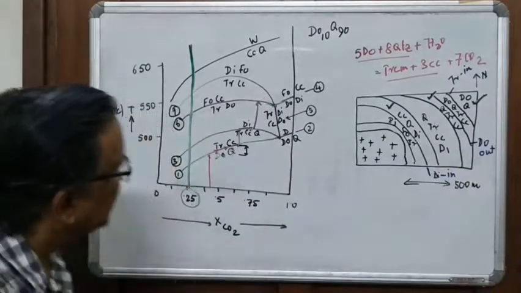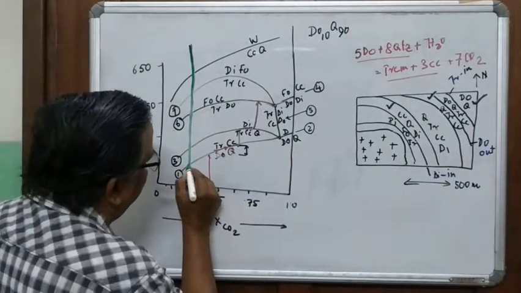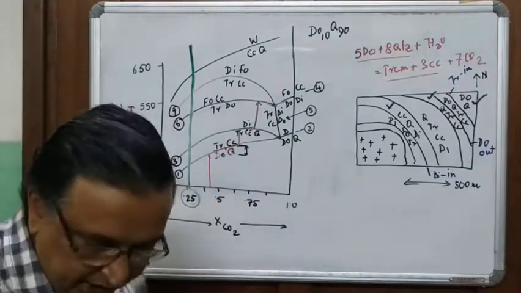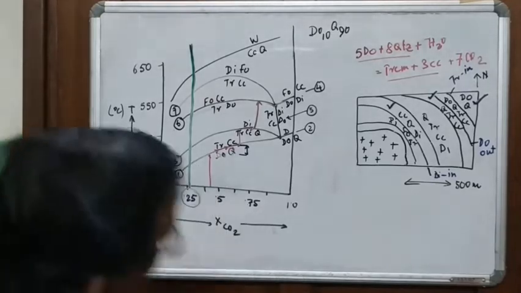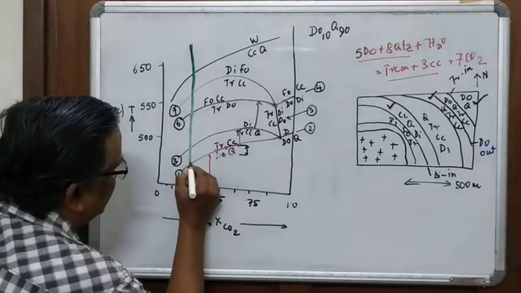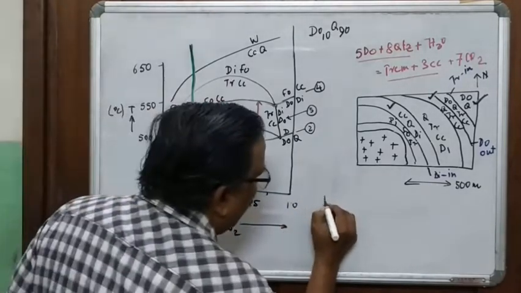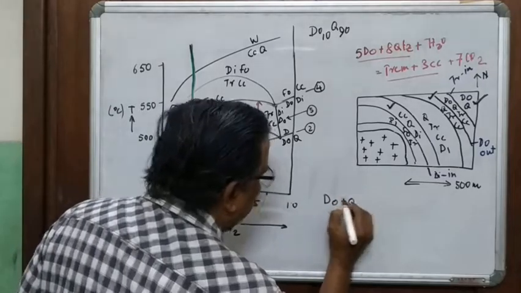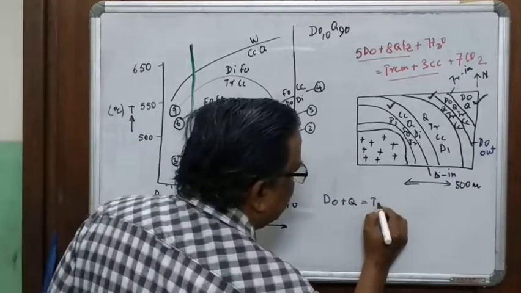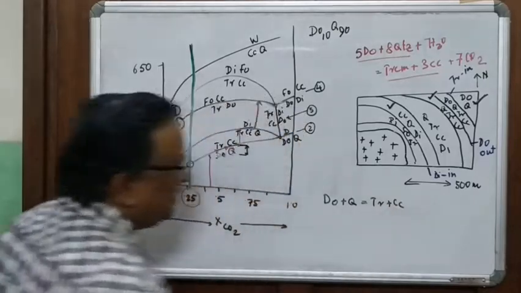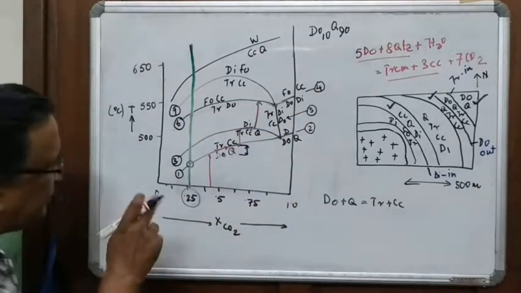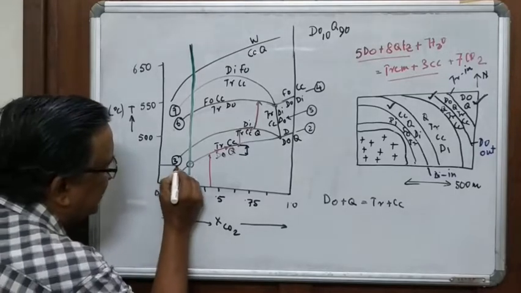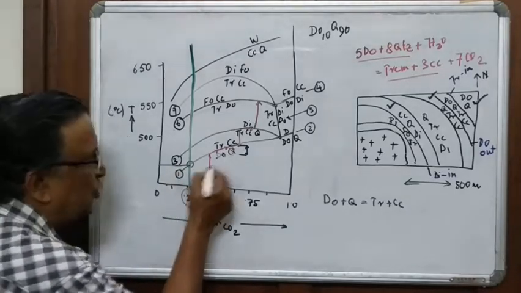Reactions will happen. Say for example, if you are here, for this composition, if dolomite plus quartz is reacting to produce tremolite plus calcite, that reaction will happen at this temperature for this CO2.